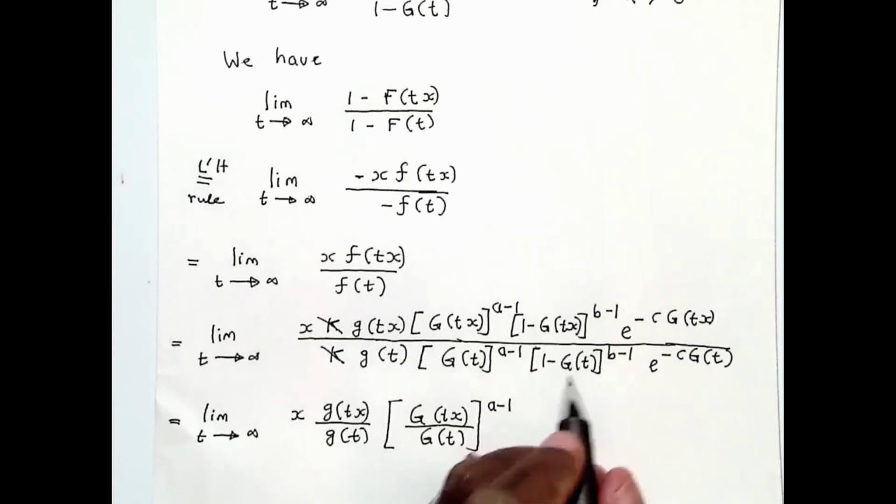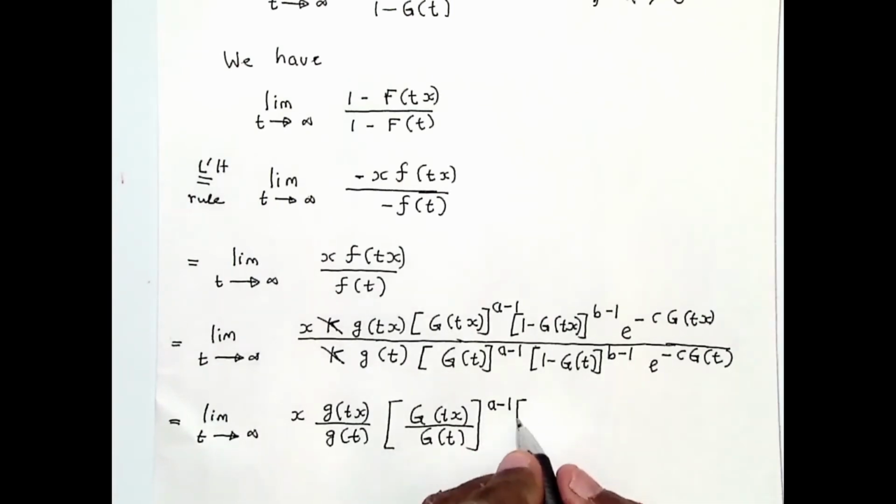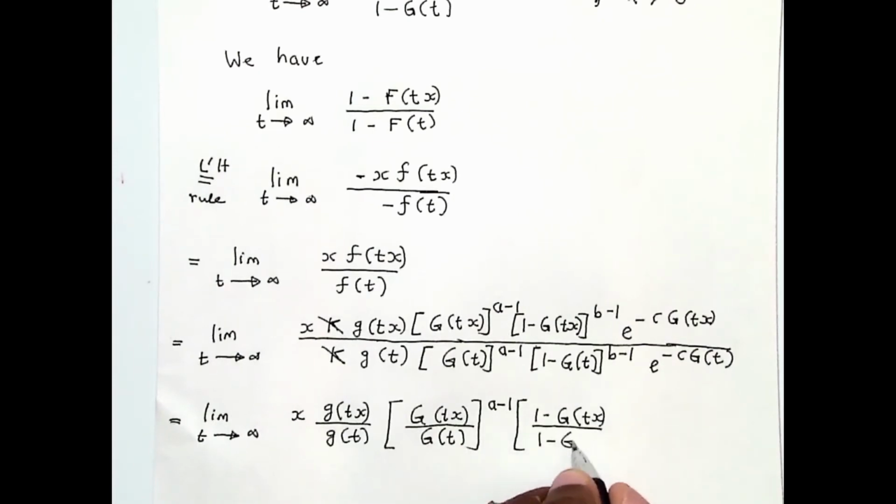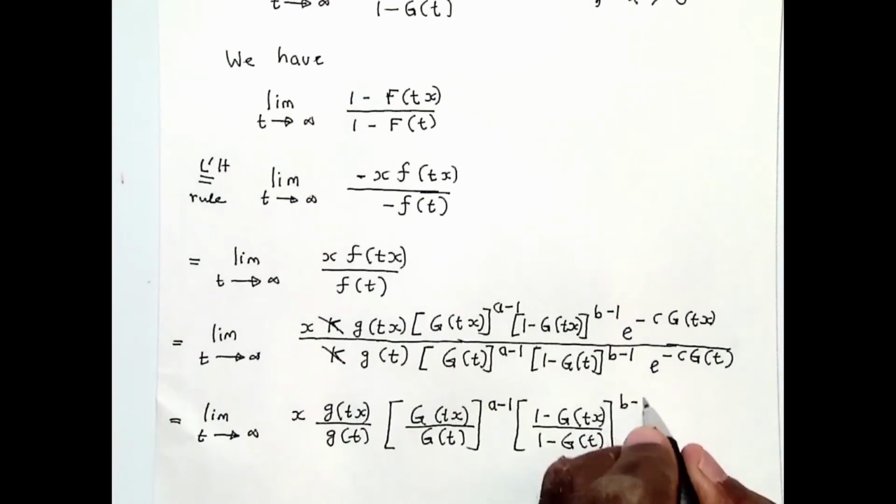Okay, grouping these two, you have this power b minus 1, and grouping these two, you have e.